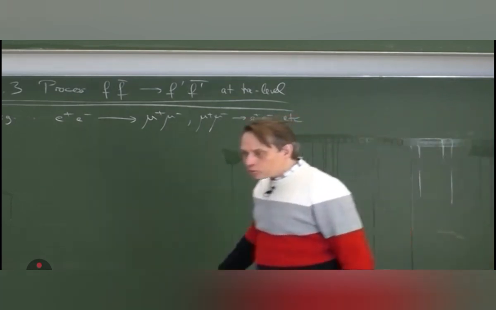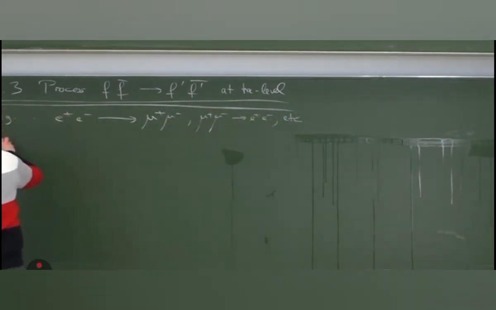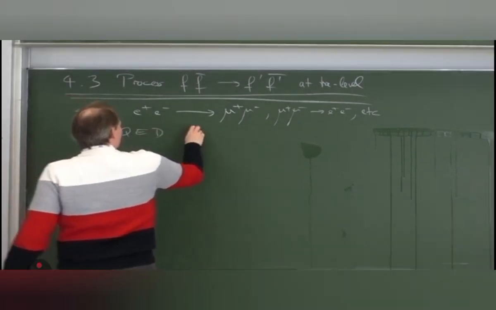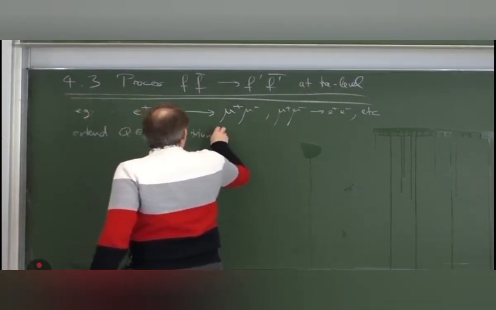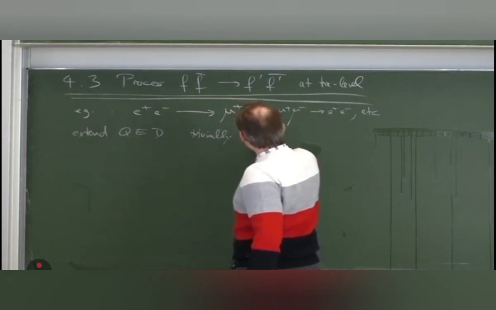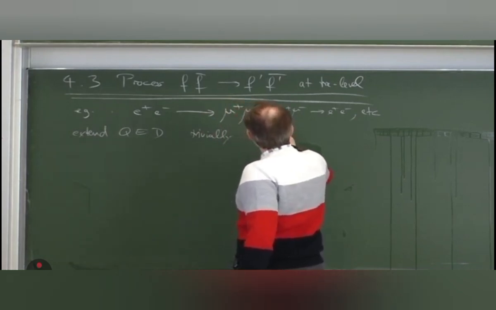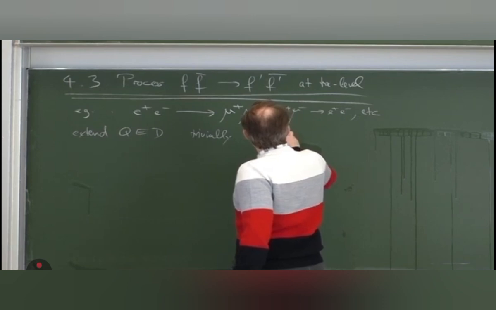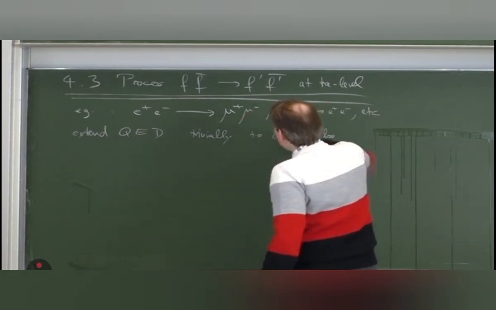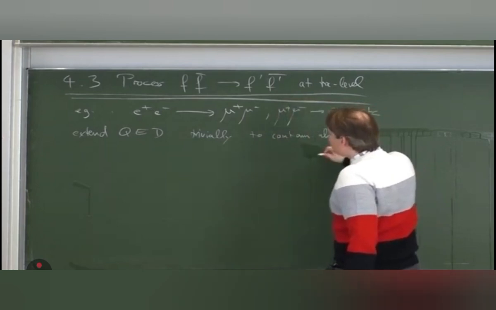So those are interesting processes, and in order to describe them, we need to extend QED in a trivial way to contain a different type of particles. And we focus here on e plus e minus to two muons.